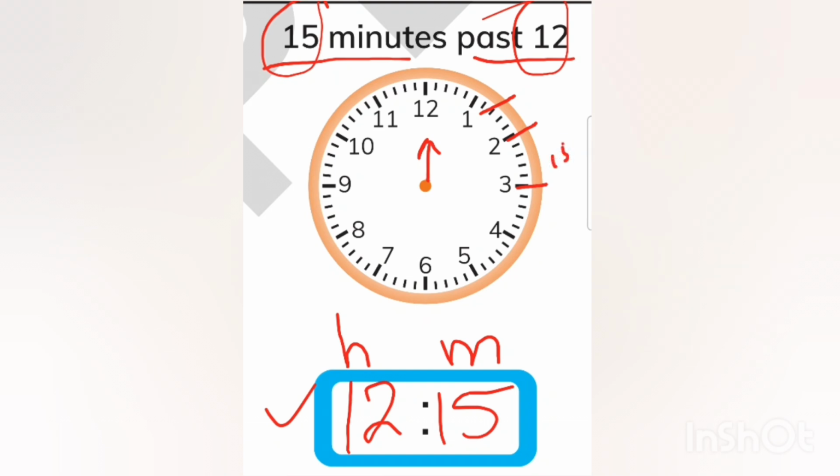So this is 15. So the big needle will go towards exactly 3. So this is the answer in analog, and this is the answer in digital clock. Write down the answer, then we will move towards another question.